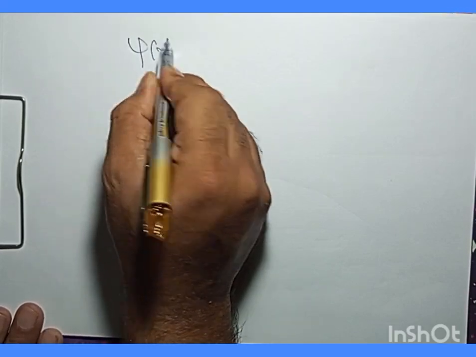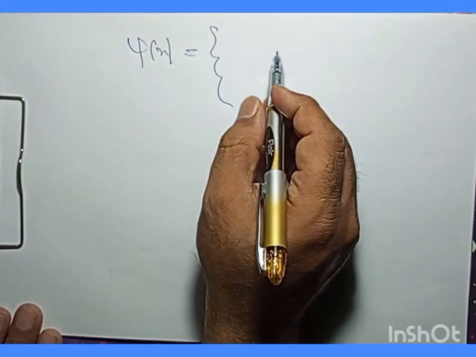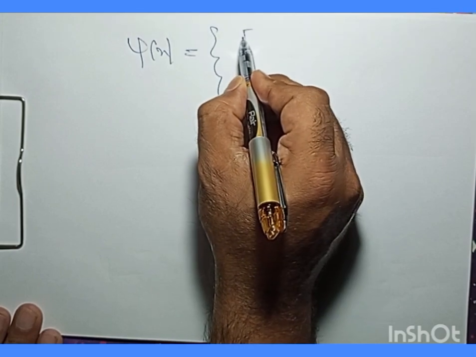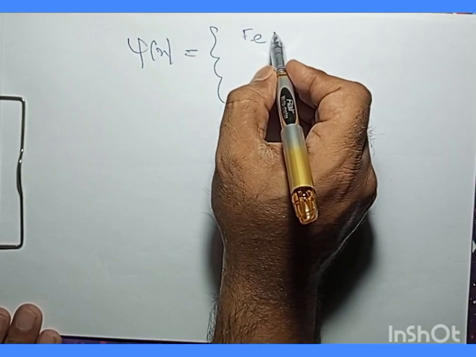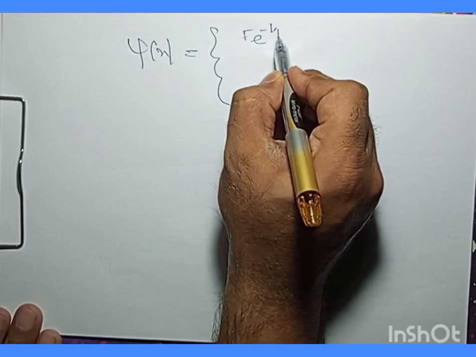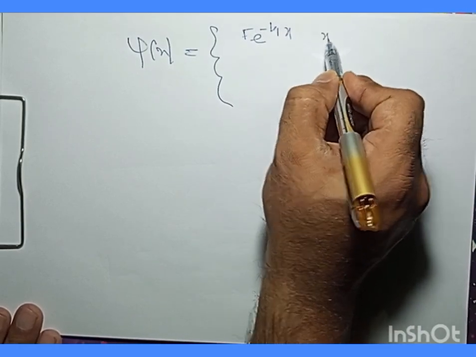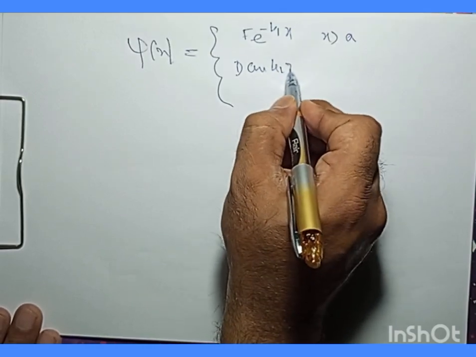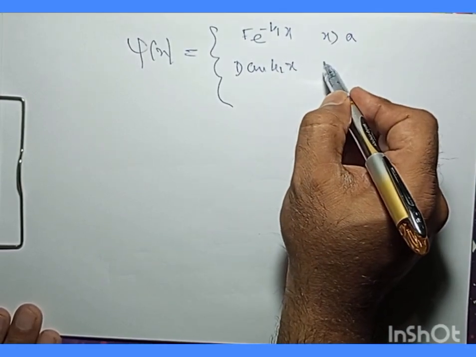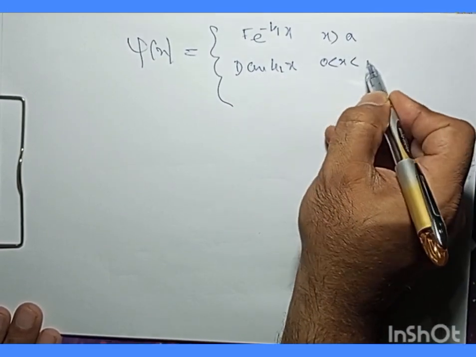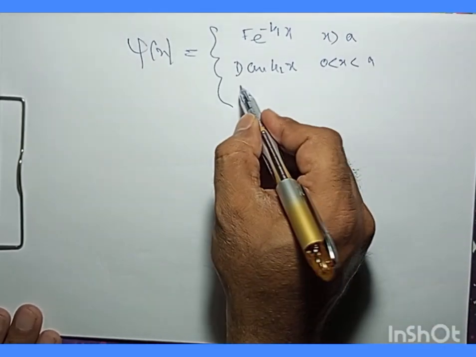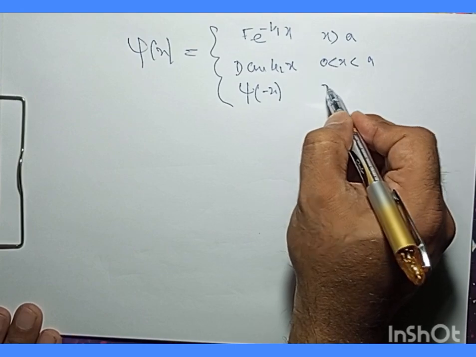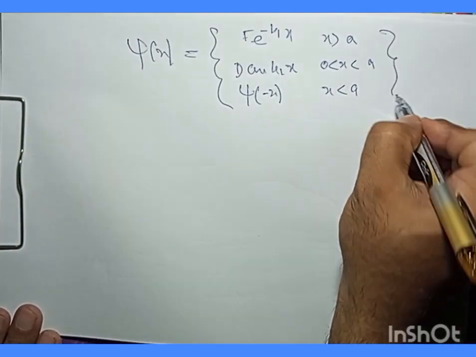Let us start from the top: psi of x is f e to the power of minus k1 x for x greater than a. Then we choose d cos of k2 x for x between 0 and a. And then by symmetry we have psi of minus x for x less than minus a.